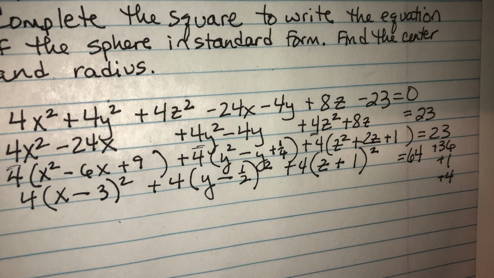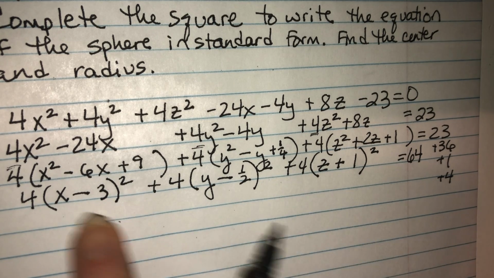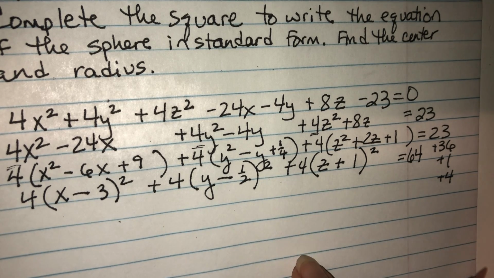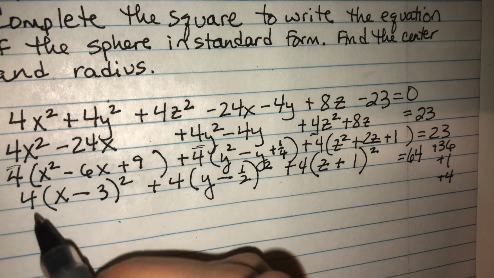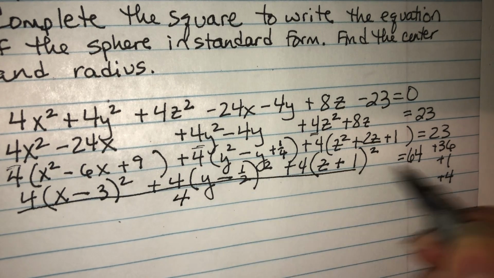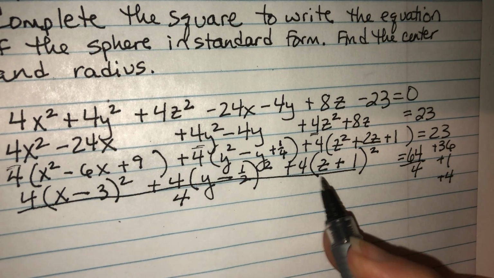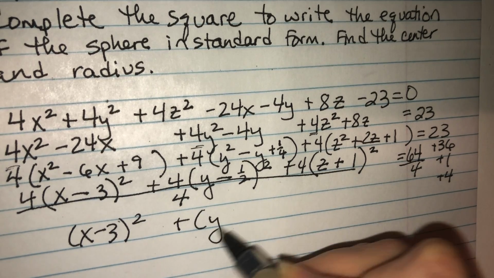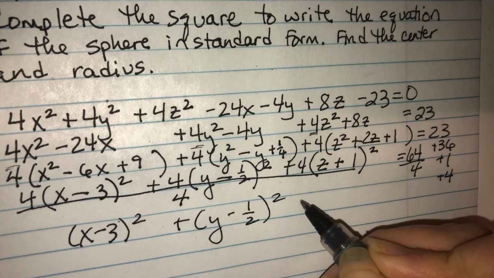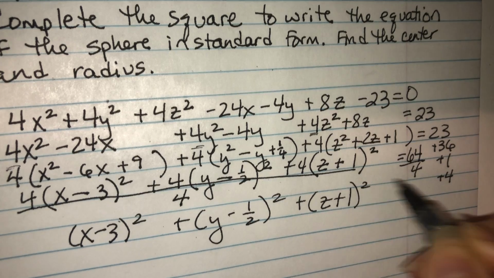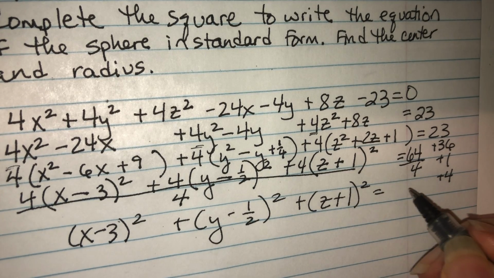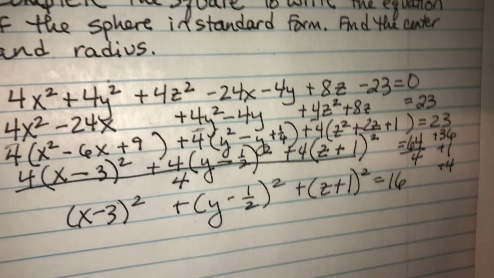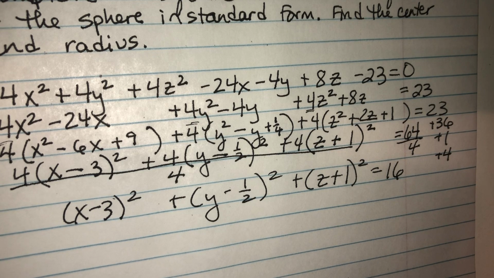Now, this is almost in the standard equation form that we talked about earlier, except they didn't have coefficients in front of the squared terms. So what we need to do now is divide the whole thing by 4 on both sides. So that'll divide out all those 4's, and we'll have x minus 3 squared plus y minus 1/2 squared plus z plus 1 squared equals 64 divided by 4, which is 16. And now that's the equation in standard form.